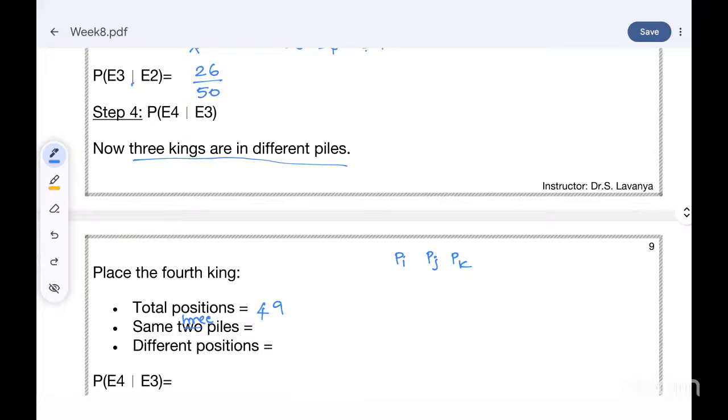In each there are 12, 12, 12, so 36. So what is the possibility for different pile positions? 49 minus 36. So what should be the probability of E4 given E3? 13 by 49.